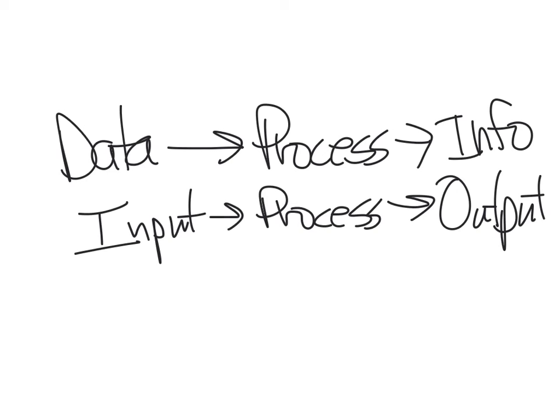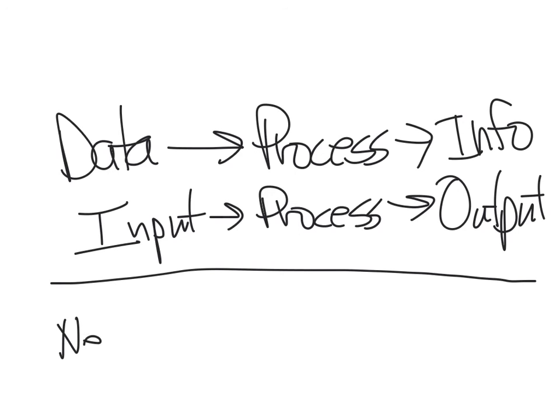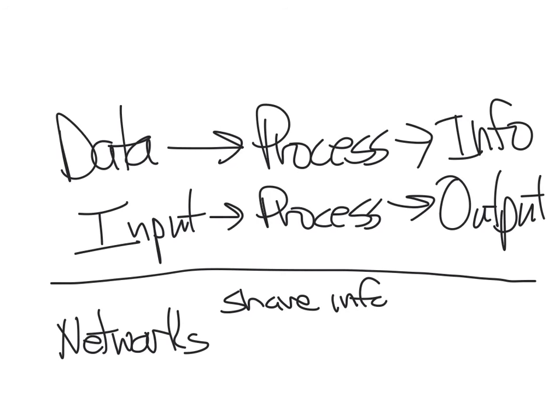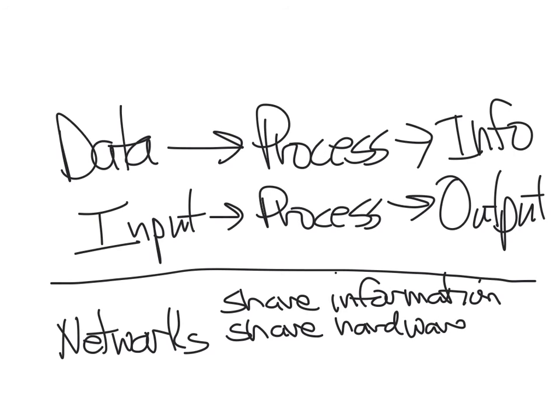The last thing I want to mention, this ability to use networks allows us to share information, which is huge nowadays. We can share locally or even remotely hardware devices, or maybe more a device like a printer.